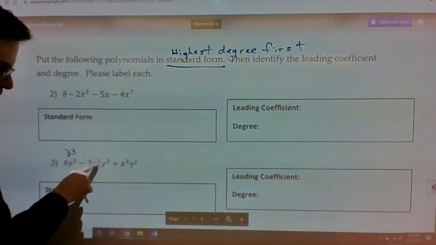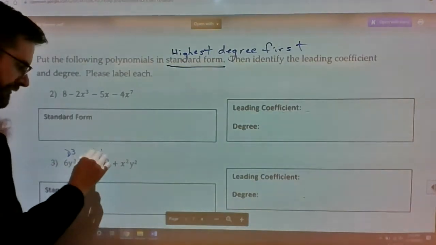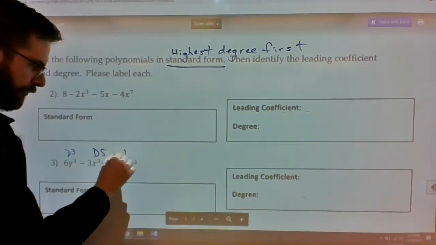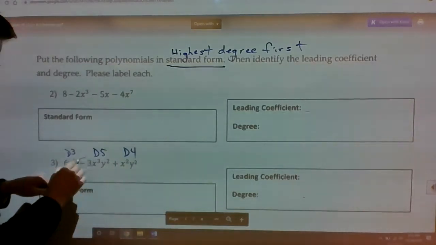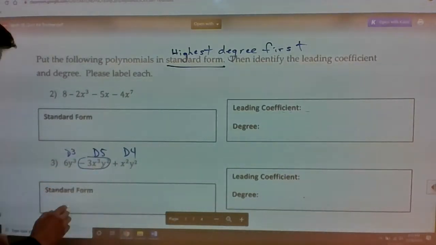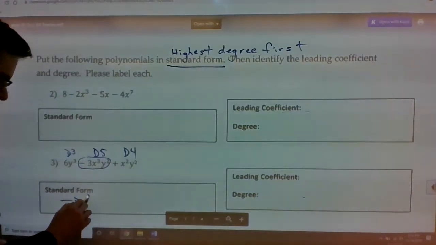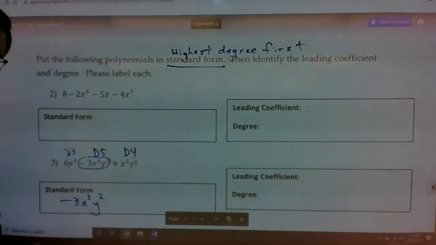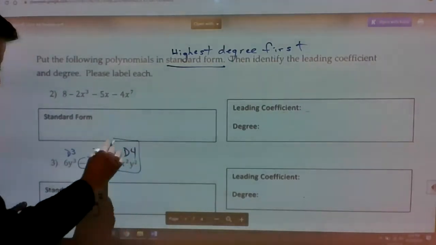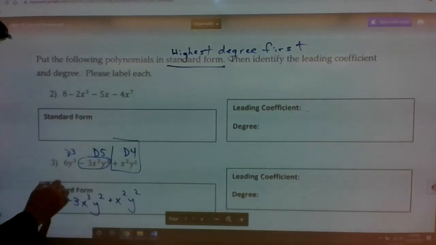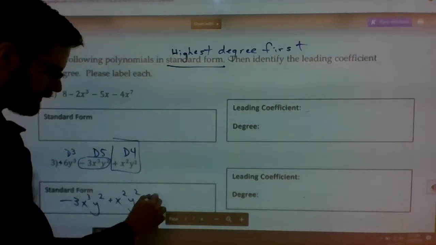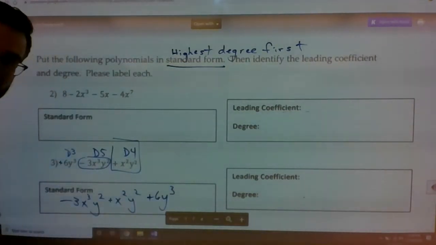This has degree 3 plus 2, degree 5. This has 2 plus 2, 4. So you put negative 3x cubed y squared first. Biggest degree goes first. Then we move on to plus x squared y squared because it has degree 4, and then plus 6y cubed. That's what it means to be in standard form.